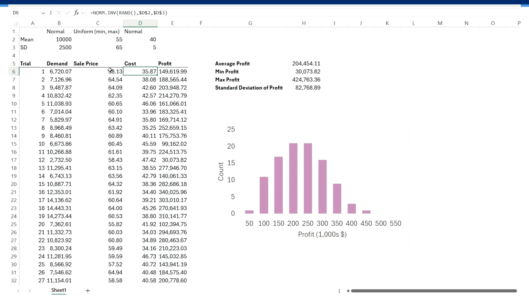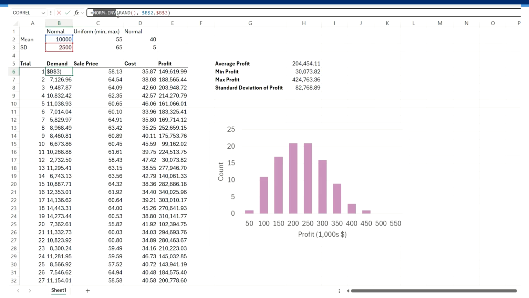So let me quickly go over how I'm generating these values. For the demand, I'm using the built-in NORM.INV function in Excel. You see right here, I'm using that built-in function. The RAND function generates a number from 0 to 1, and that's the random number. Based on that random number, Excel is going to map out a value from a normal distribution with a mean of 10,000 and a standard deviation of 2,500.